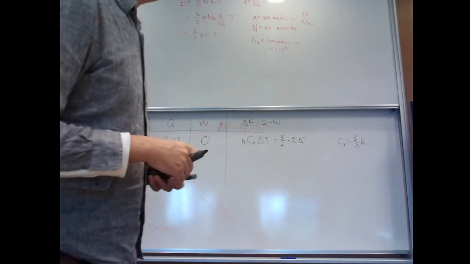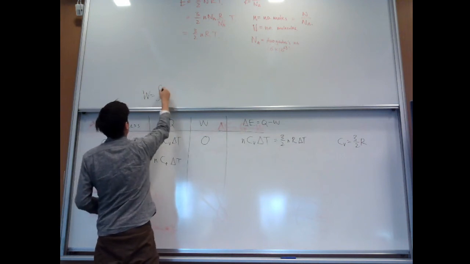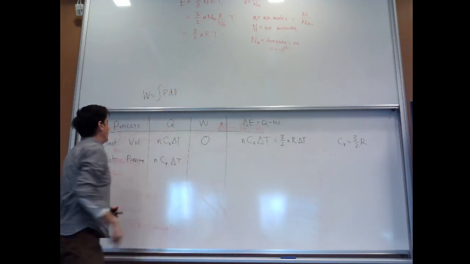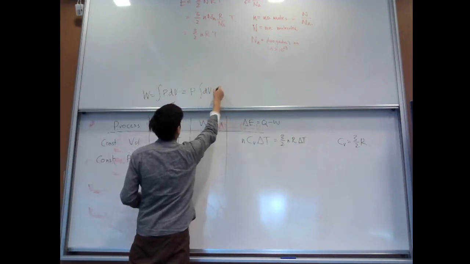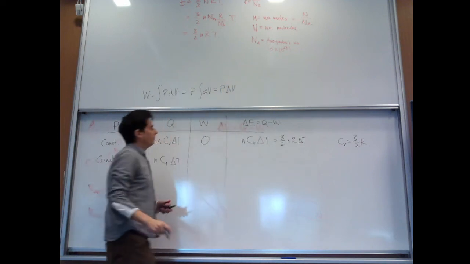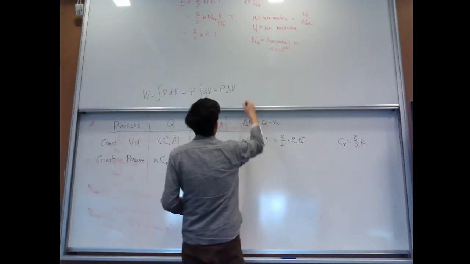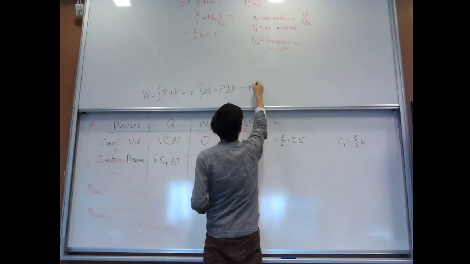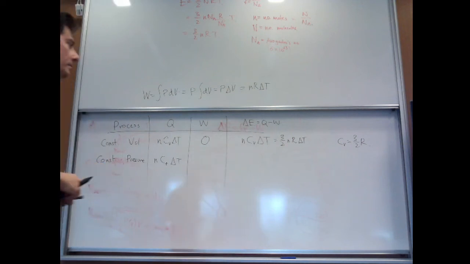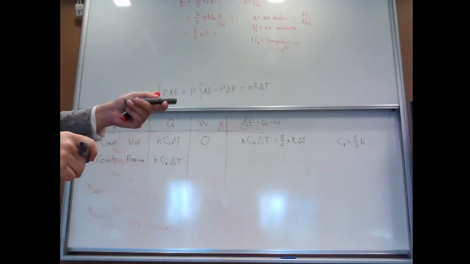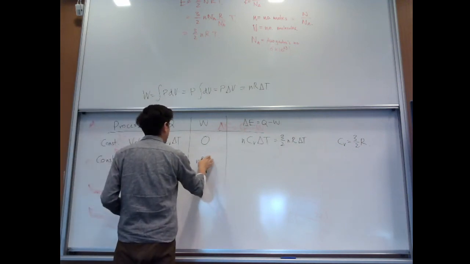The work in this case will be, so remember work is P dV, but because it's constant pressure, this can come outside the integral, and it's just P times delta V. And if you use PV equals nRT, then this is going to be nR times the change in temperature. So the work is nR delta T.